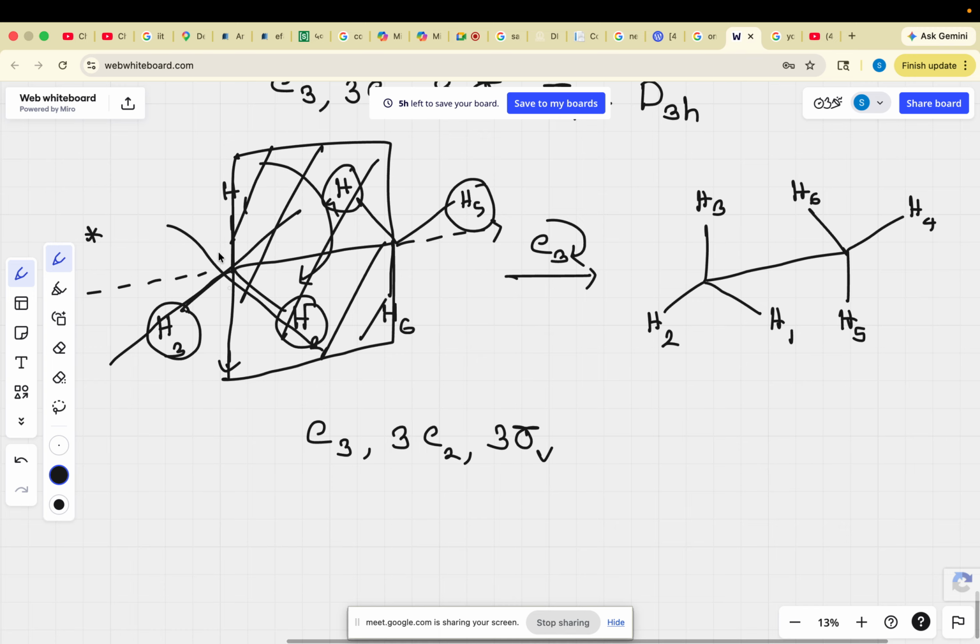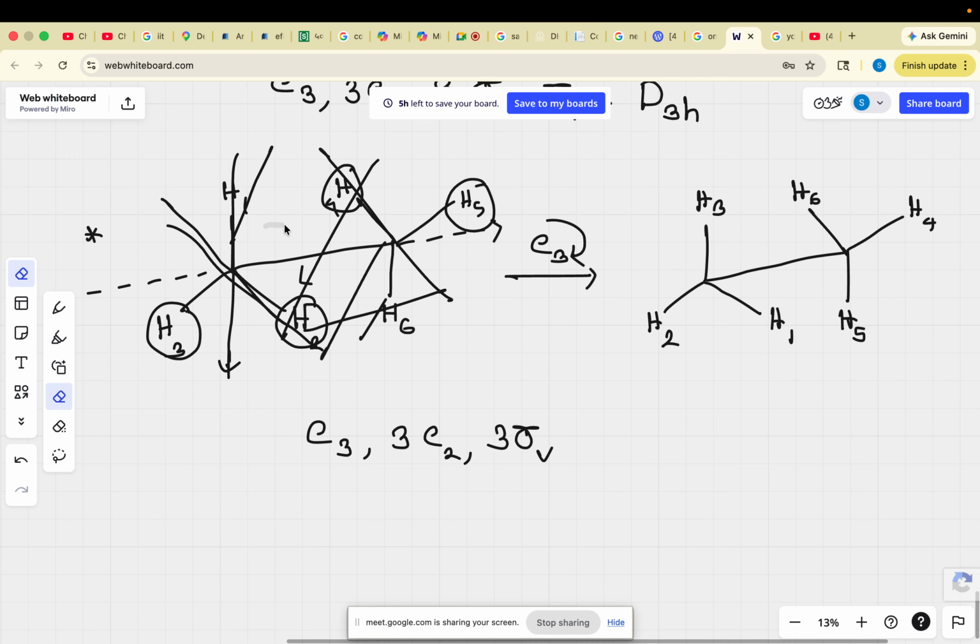And how are they present? Along this hydrogen, H2 and H4. Suppose I am removing this one, then it will be easy to understand.